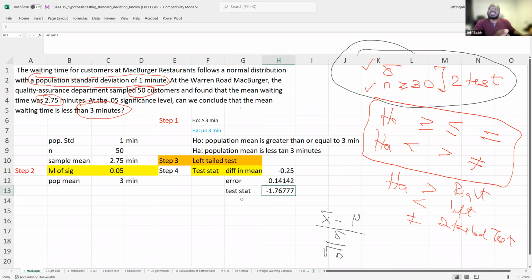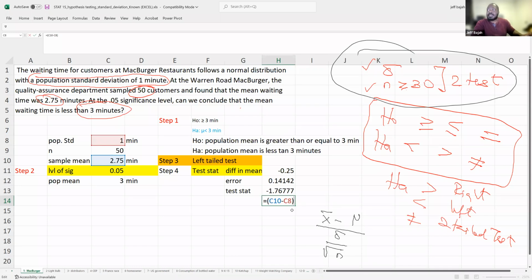Now, if you're someone who's really good with Excel, you can actually do it in one step. So let me show you another way to do this. Just do equal to, right? You do your sample mean minus your population mean. You want to put them in parentheses so they are separate.